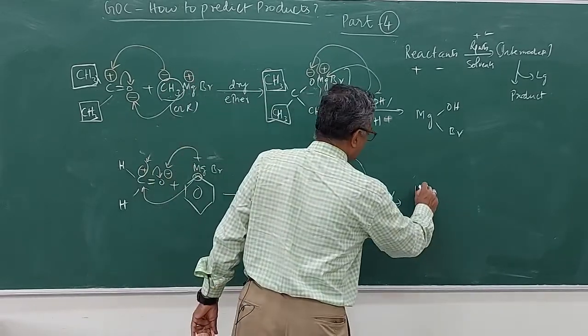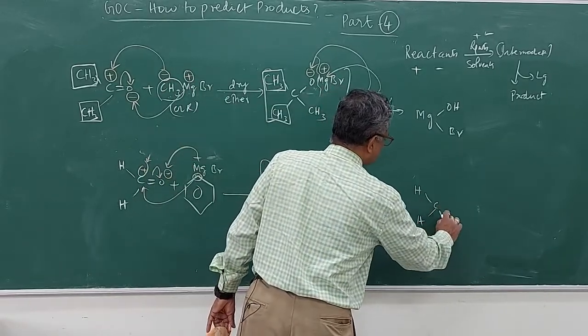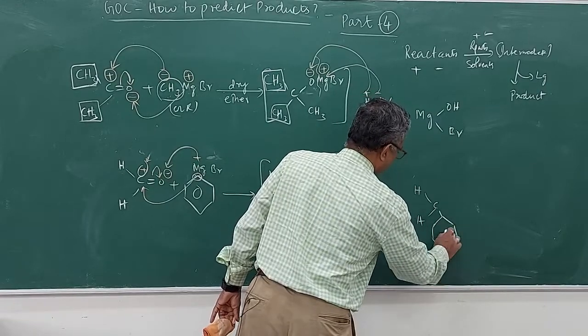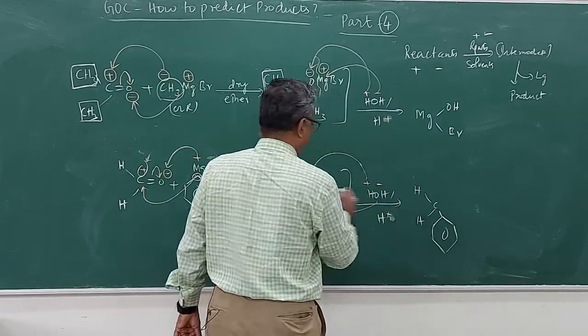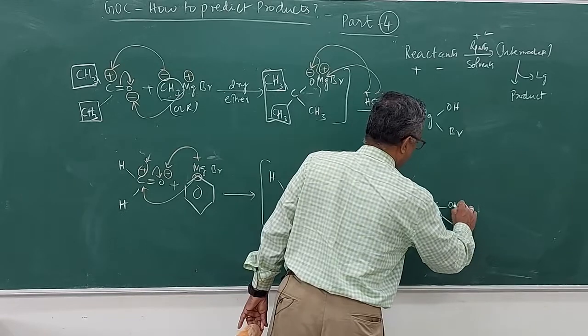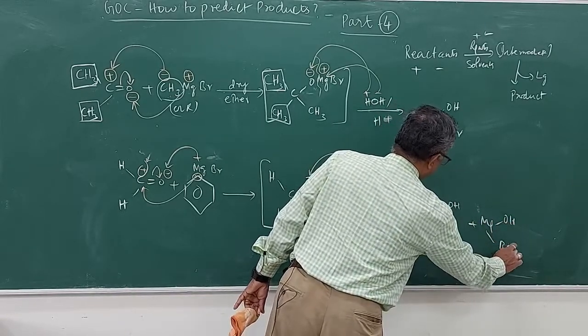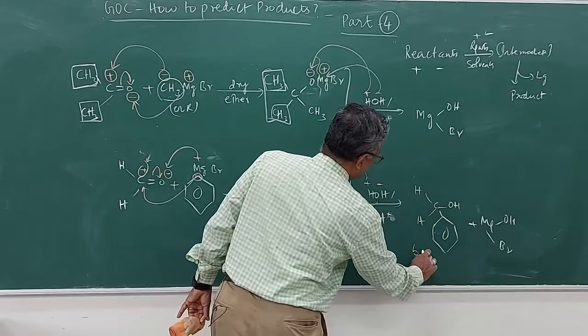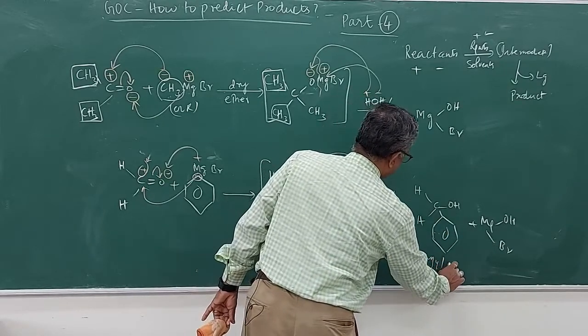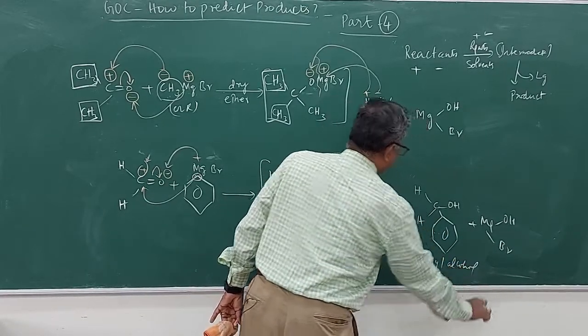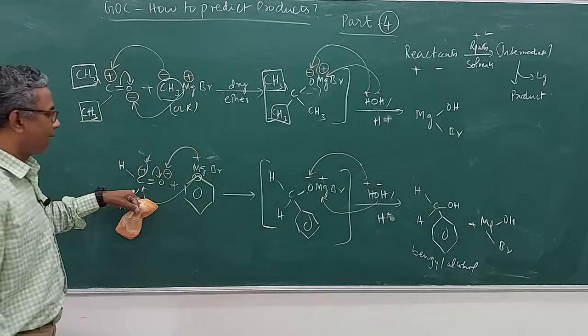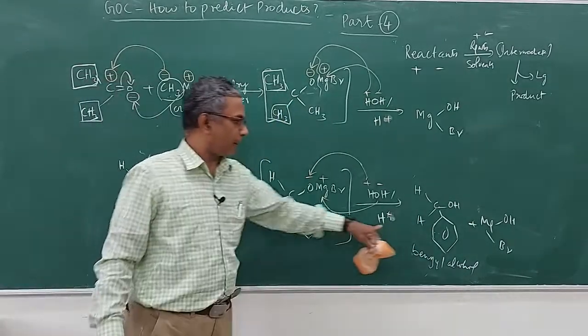So you will get HCH, you have the phenyl ring here, and then you will have the OH here, plus MgOH-Br. This is benzyl alcohol. So starting with methanol, if you add phenyl magnesium bromide, you get benzyl alcohol.